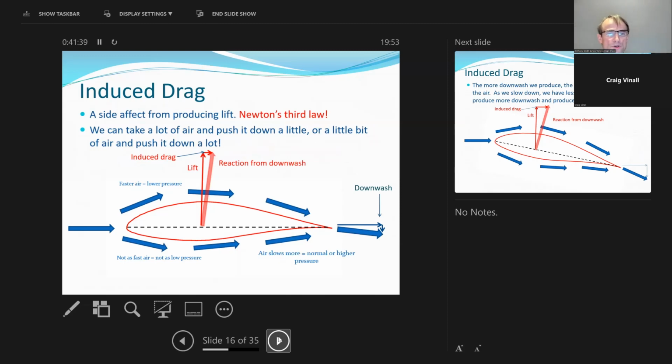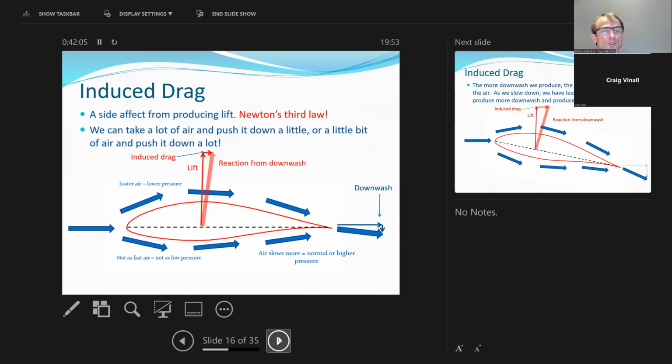So Newton's third law again, a representation of an airfoil. We have the air coming at zero angle of attack in that particular picture, and we've got the air moving down behind the wing at a slight angle. The downwards component of that is called the downwash, and the angle that it forms with the horizontal there is the downwash angle.